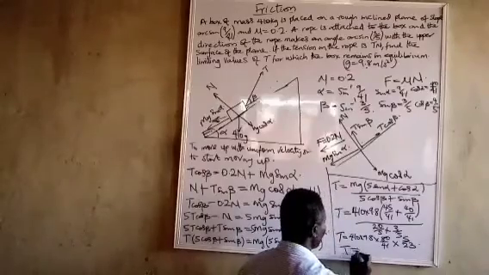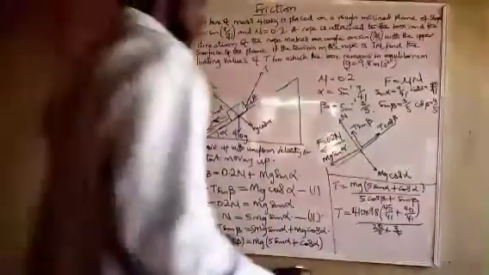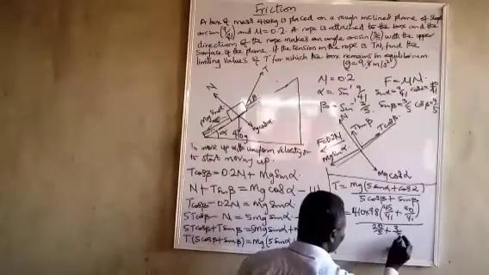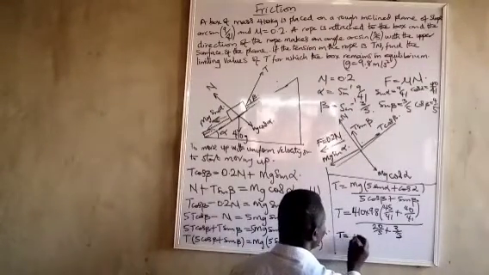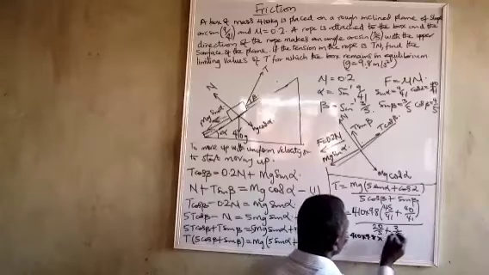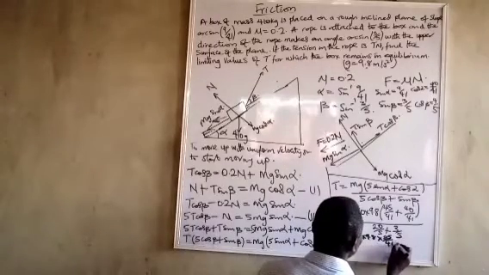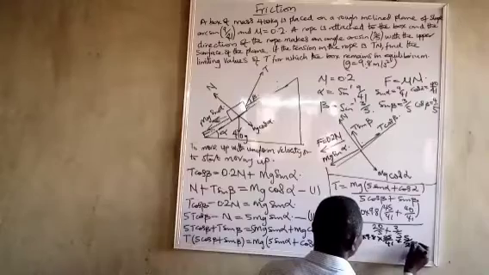So let's see what that gives us. T will be equal to 410 times 9.8 times 85 over 41 times 5 over 23.